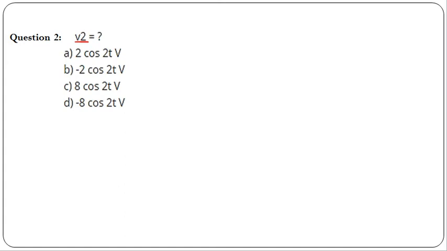If we apply the KVL on the secondary side, then the V2 voltage will be given by M into d of I1 by dt, plus L2 into d of I2 by dt. As given in the question, I2 current is 0, so this term will become 0.